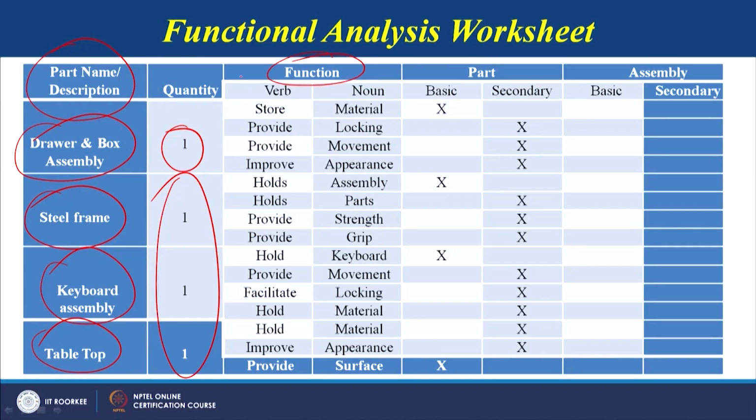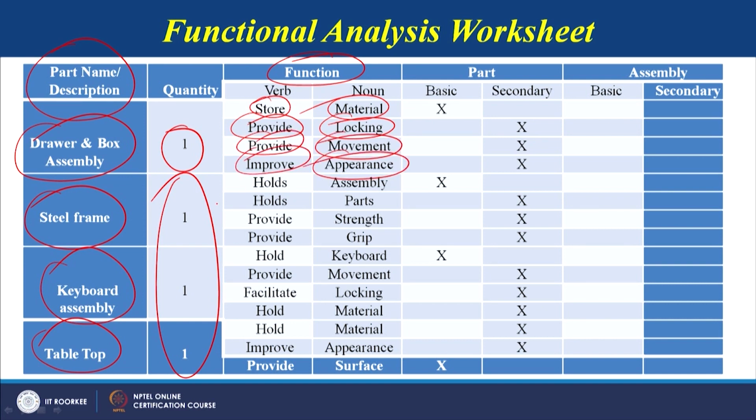Now, let us go back and try to see the function. We have to define the function, what is the purpose. So, for drawer and box assembly, these are the functions: store material, a verb and an actionable noun; provide locking, provide movement, improve appearance.